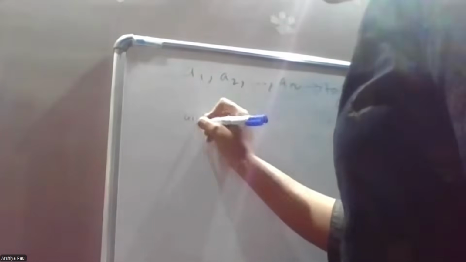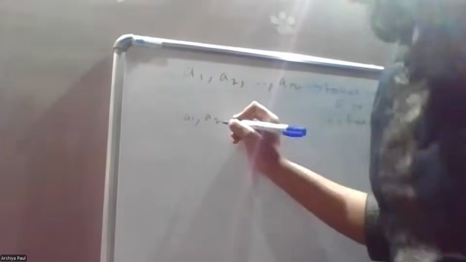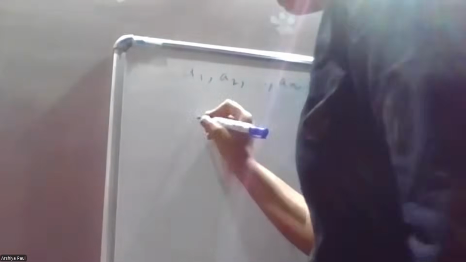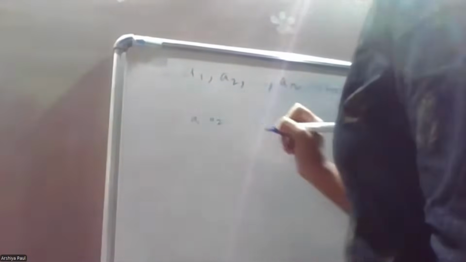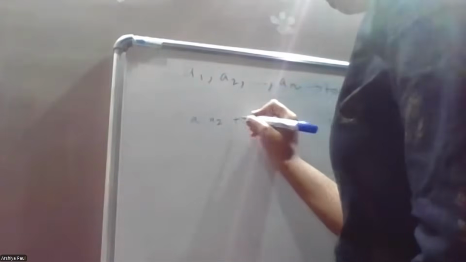And another thing is a1 into a2 plus a2 into a3 plus dot dot dot plus a(n-1) into an plus an into a1 is equal to 0.